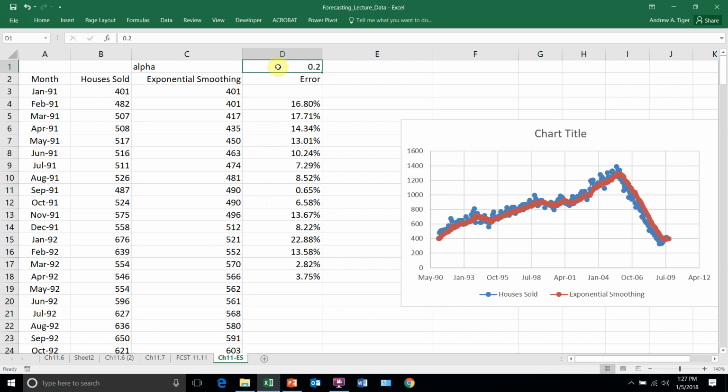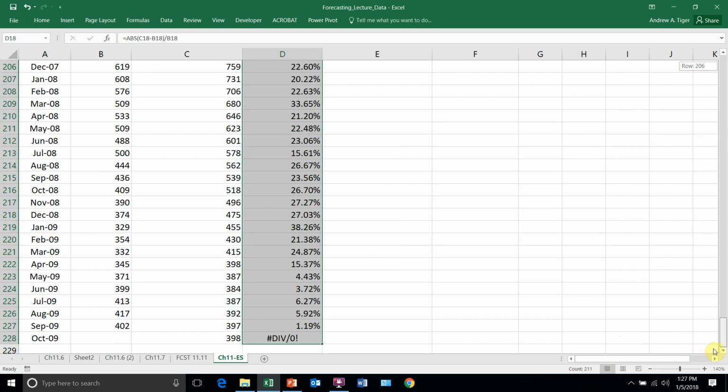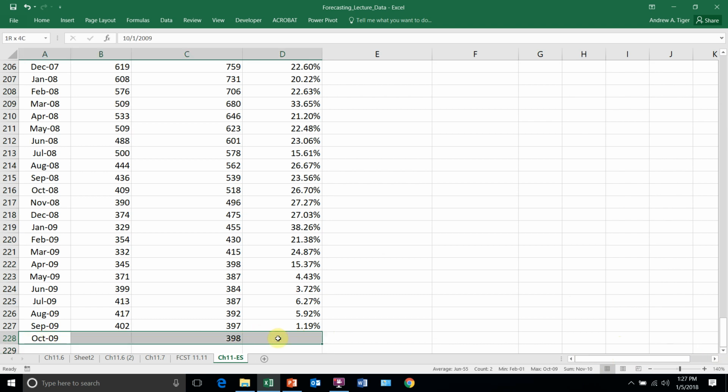So the trick is, what if I change this number? Oh, well, I need to do that all the way down. So I'm going to copy that all the way down to the very bottom, except the very last one, I don't want to calculate a percent error because I don't have an actual. This is the future, if you remember. This is the last one where I had what really happened and the forecast.